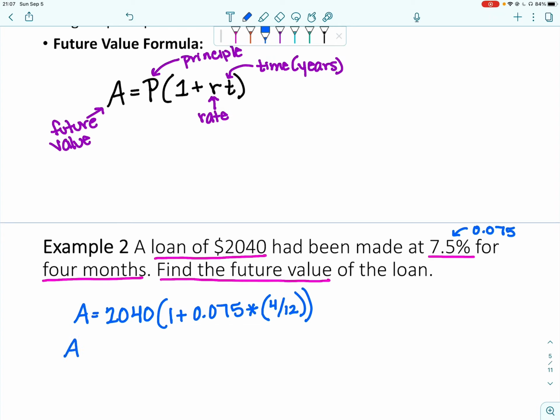So our future value, I can type this in my calculator exactly as you see it. Keep the parentheses where they are. Don't lose any parentheses, don't add any parentheses.